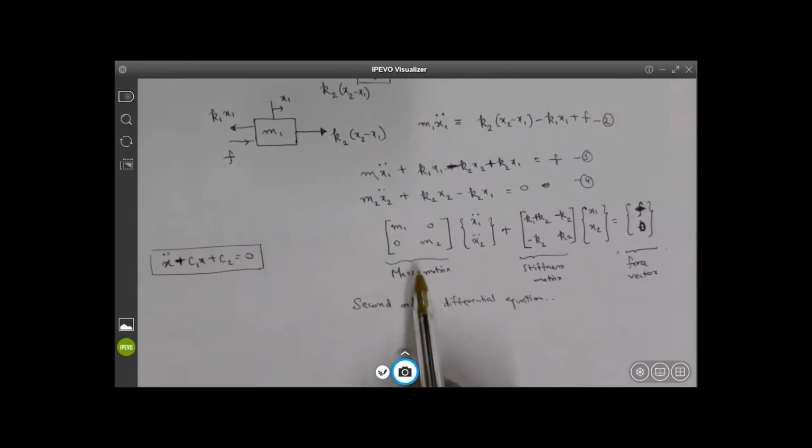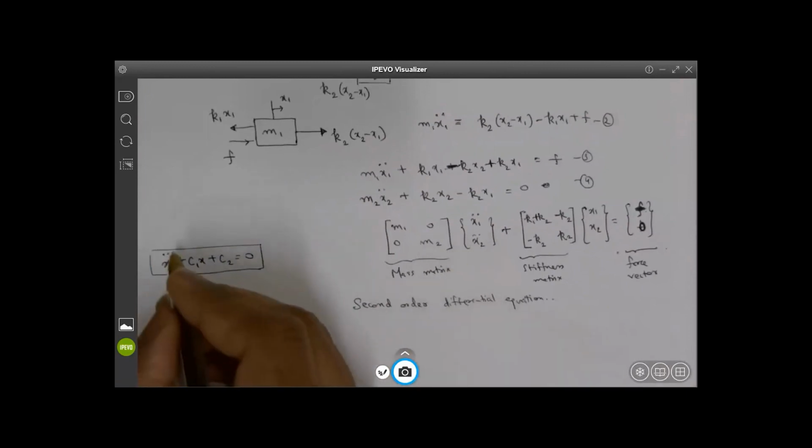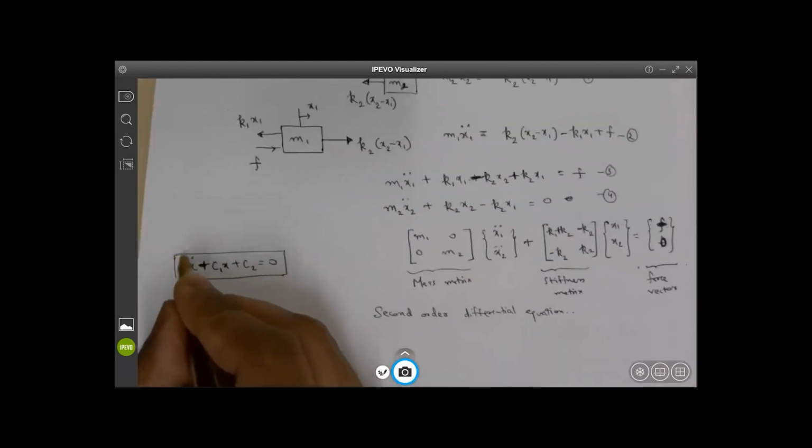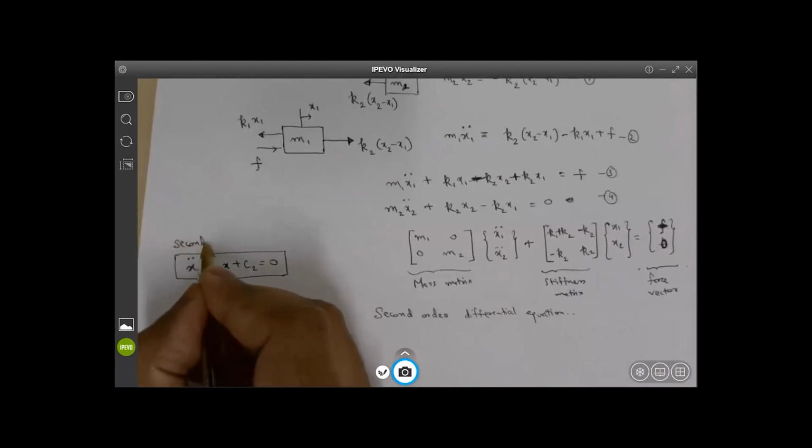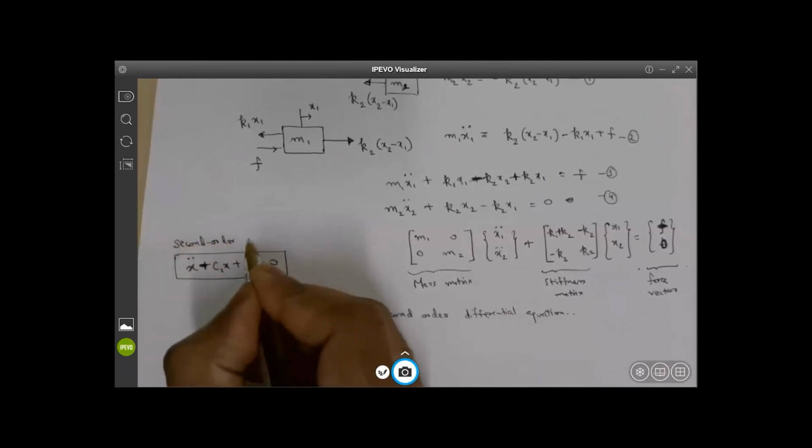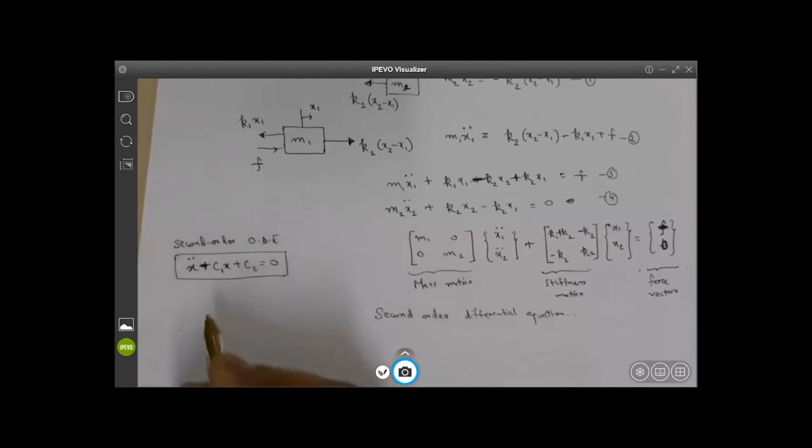We can solve that, this is a second order ODE. If you remember from your 501 class, you can find lambda 1 and lambda 2.